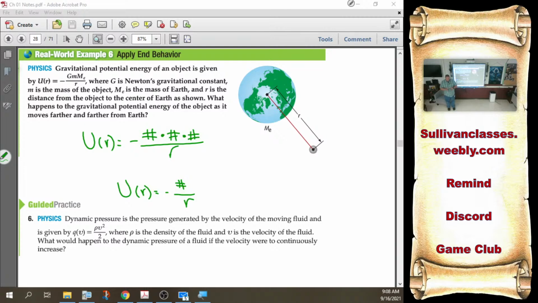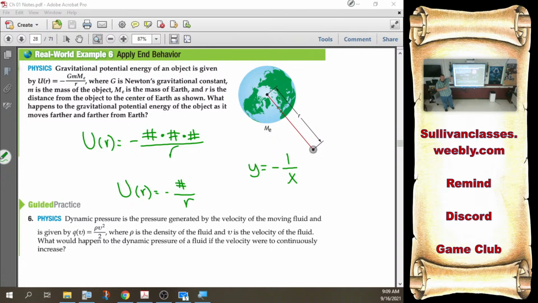That means that this, even after I plug in all these gigantic numbers, is just a vertical stretch of the function y equals -1 over x. It's a really big vertical stretch of it because the number on the top is really, really big, mass of Earth.